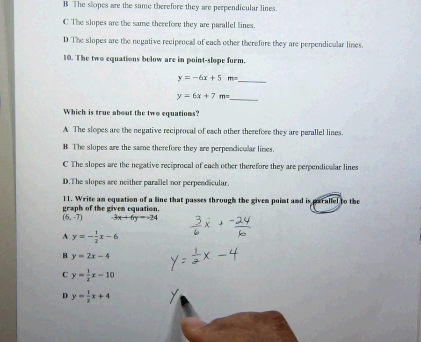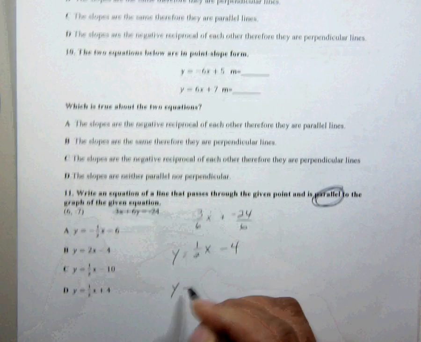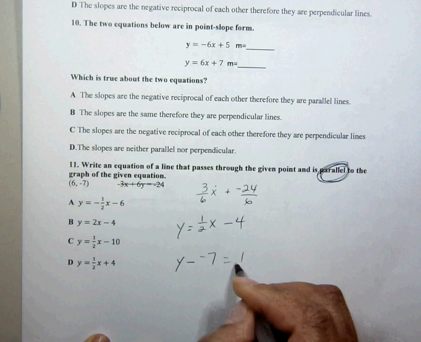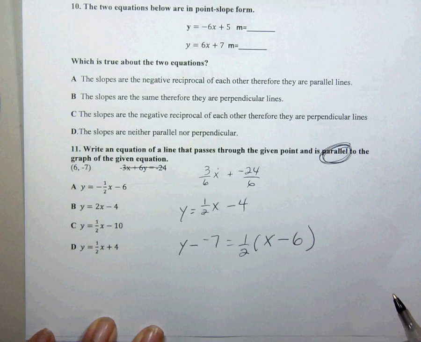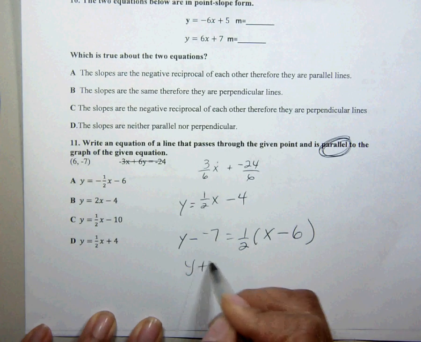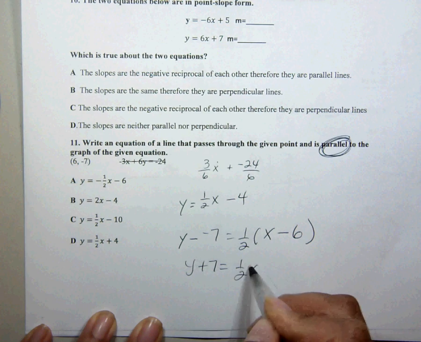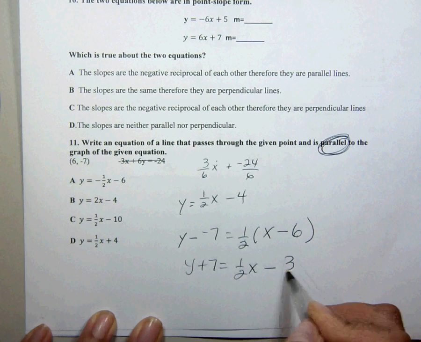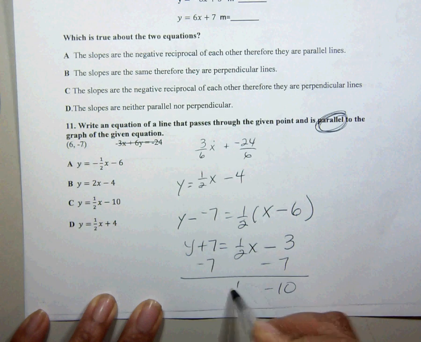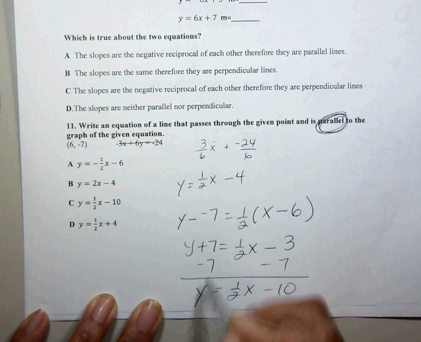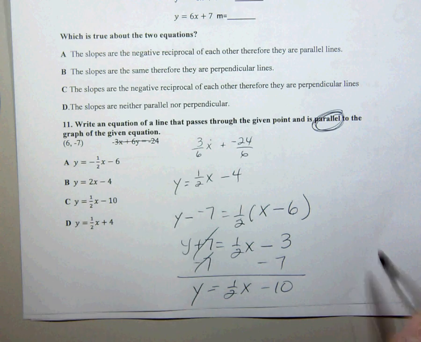So y minus -7 equals same slope times x minus 6. So that's y plus 7, 1/2 x, 1/2 of 6 is 3. Now subtract 7, you get -10. And you're done, which is C.